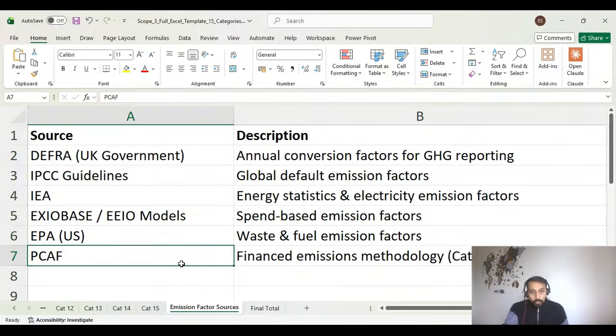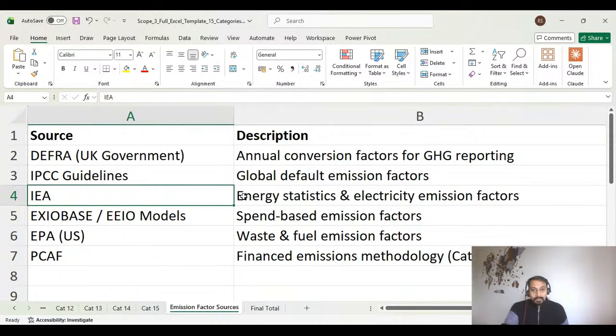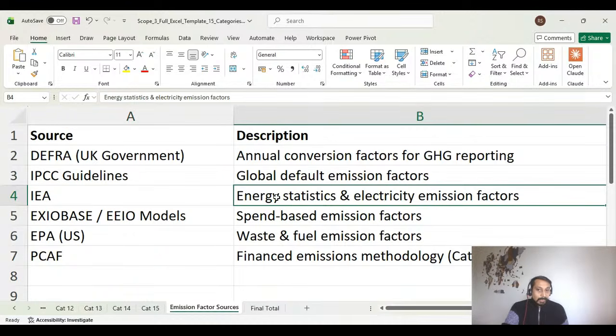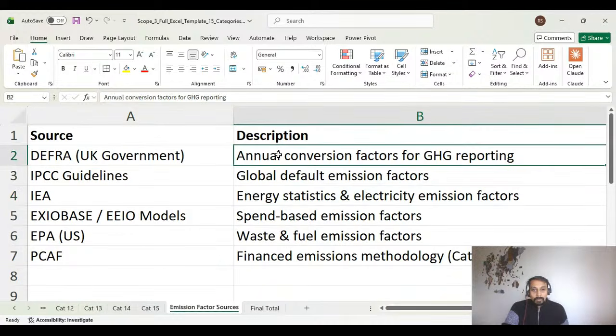And for the financed emissions, you can go for the PCAF methodology, which is very helpful. For waste and fuel related emissions factors, EPA US has also done a very good job. The International Energy Agency, which has energy statistics and electricity emissions factors, also gives good emissions factors, and DEFRA UK government has annual conversion factors for GHG reporting. So that also you can download. I will also share after this whole session.